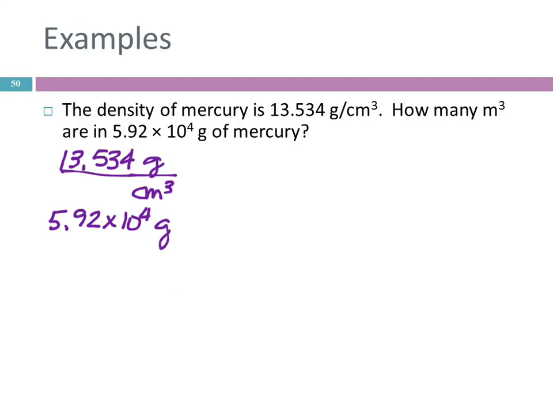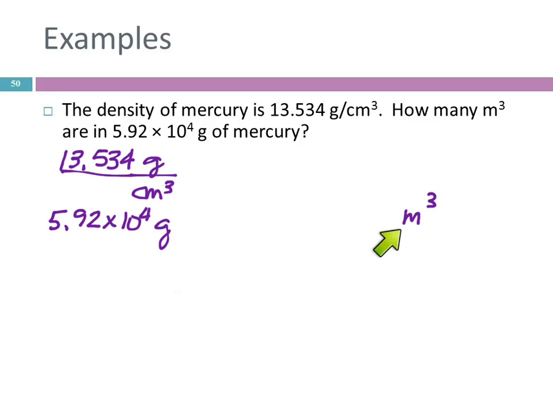What am I looking for? Cubic meters. So over here, I'm going to write cubic meters. Which of these numbers am I going to be starting with? The bottom one, because this is just a single unit. This is a density. I'm going to end up using that as a conversion factor. So I'm going to start with grams.